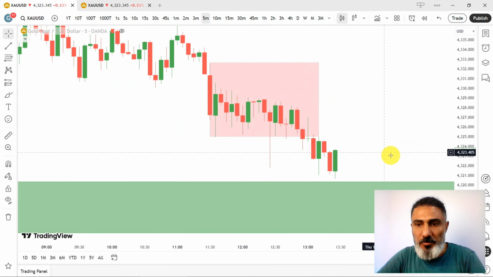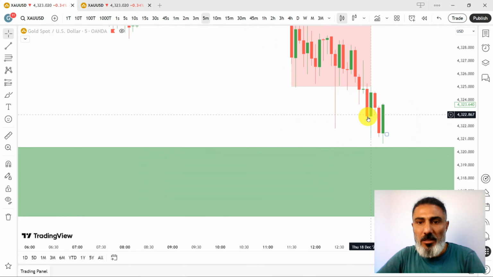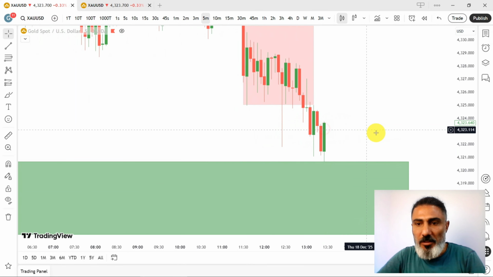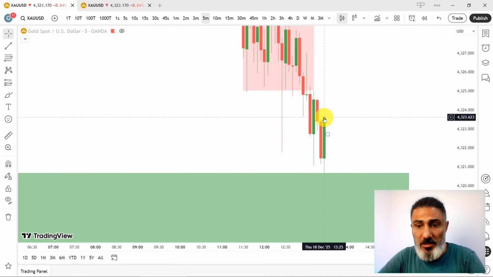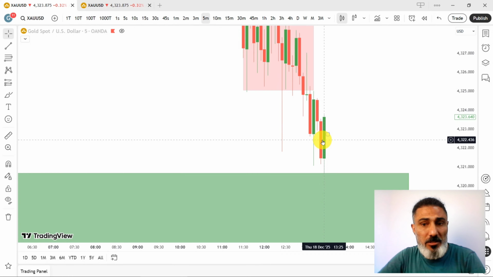But this one, now you have a 5-minute confirmation. This candle has wicked below the previous candle and closed above its high, and also touched this demand area, so this is valid for us.